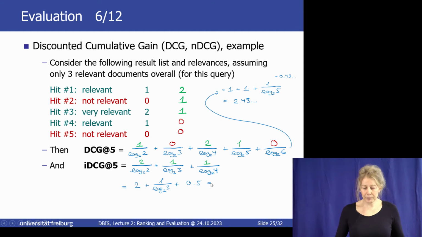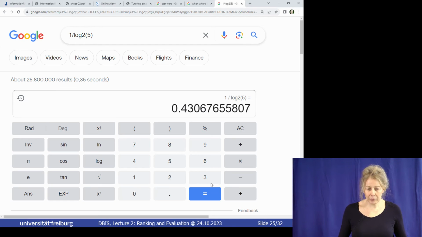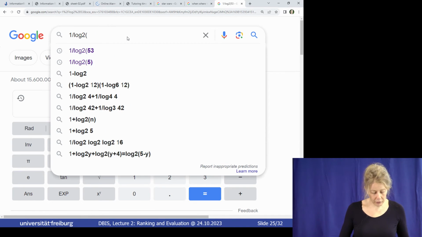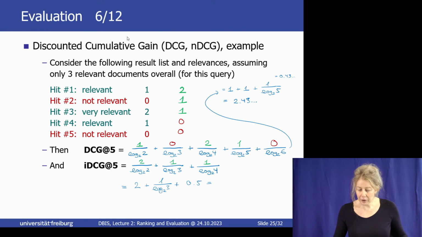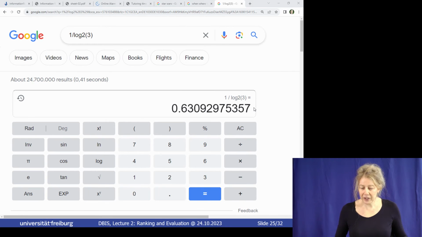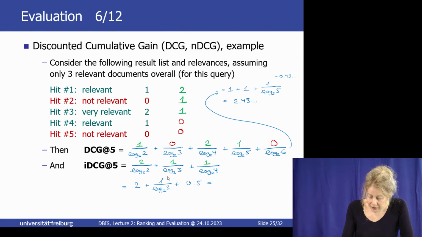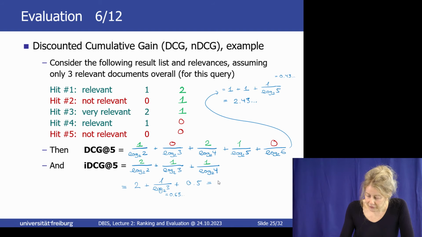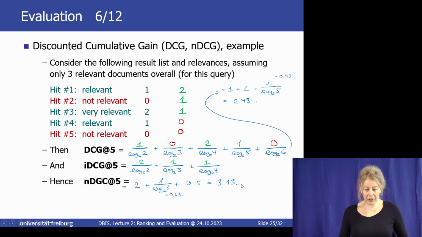And that's, let's just Google it, 2.5 plus, or it's 1 over, no, that was wrong, log 2 of 3 is 0.63, so this is 0.63, so this whole thing is 3.13. And now, oh my, yeah, I knew this was coming. Okay, that's very bad. What do I do now?